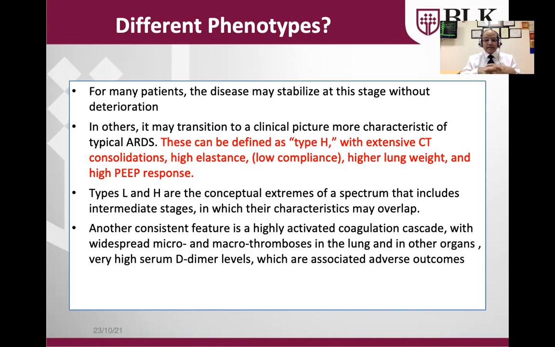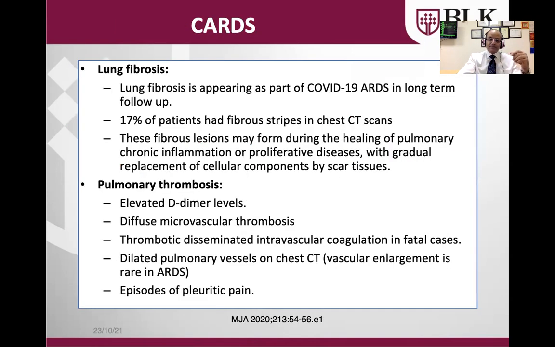And another consistent feature is a highly activated coagulation cascade, which leads to widespread micro-macro thrombosis in the lung and other organs associated with very high serum D-dimer levels and poor adverse outcome. CARDS lung fibrosis appears to be a very important long-term effect in some of the patients. 17% of patients in a study had fibrous stripes in the chest CT scan.